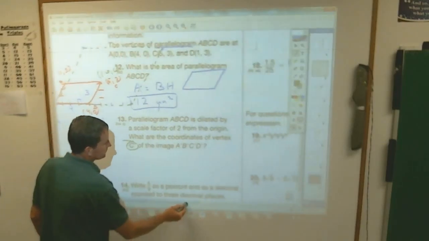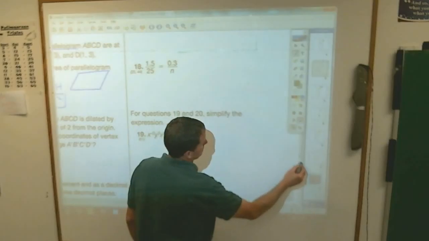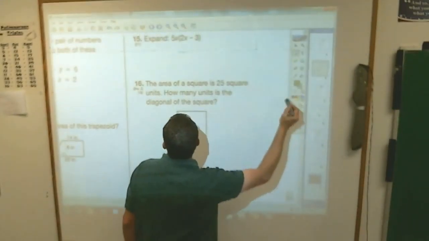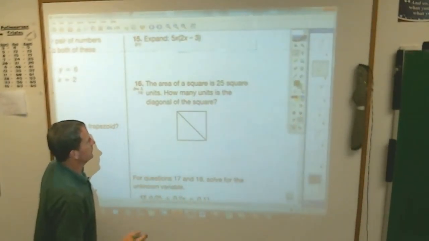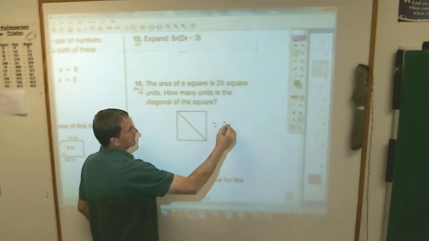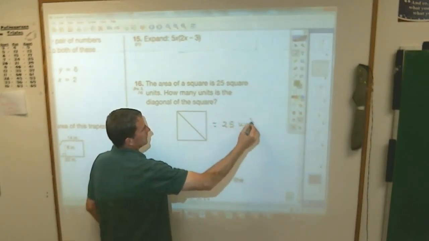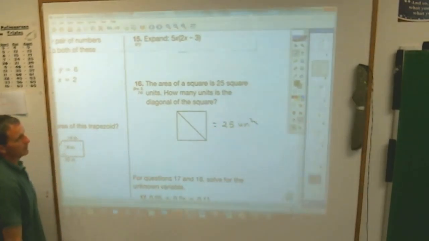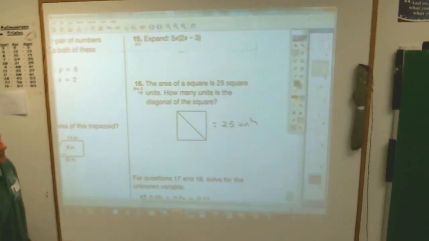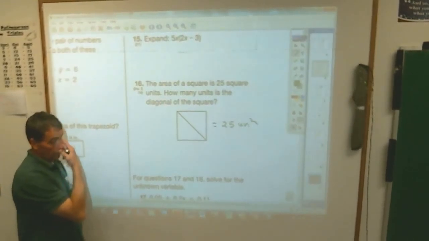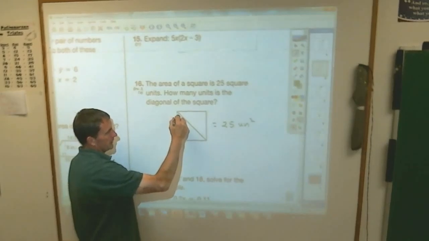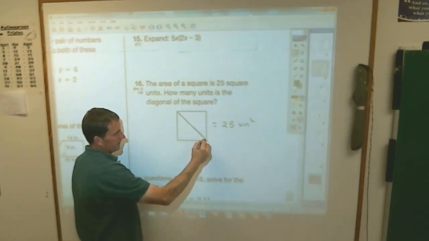16. The area of the square is 25 square units. How many units are the diagonal of the square? Well, children, you see this diagonal here, you need that length.